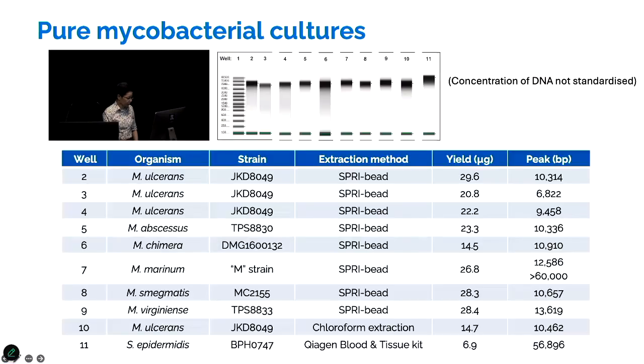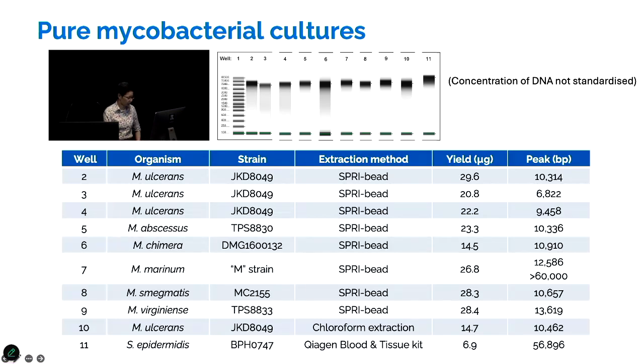So just for comparisons here, we can see that we've got a number of different mycobacterial cultures that have been extracted with the in-house method. We can see that there are reasonable yields of DNA with fairly decent sized fragment lengths, and that's despite this method not being optimized for long length DNA fragments.